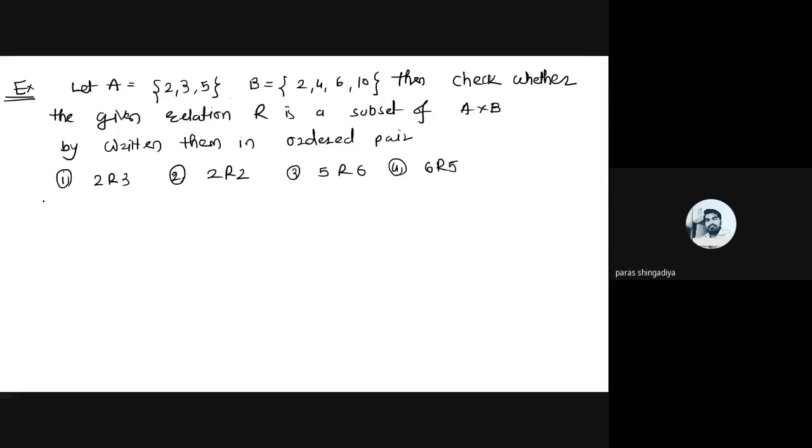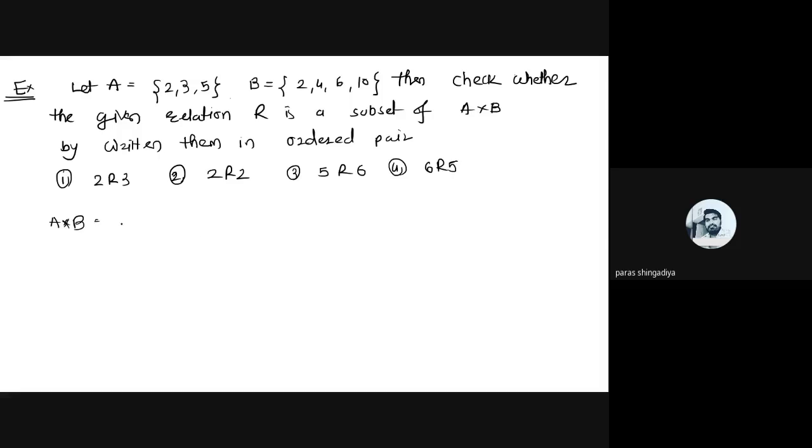We just check whether these relations are in this product set or not, whether it is a subset of A cross B or not. So first you can define A cross B if it is required, and then you can check whether each pair is a part of A cross B.